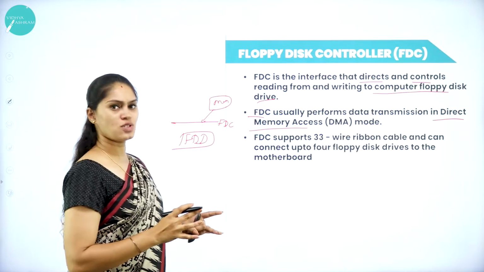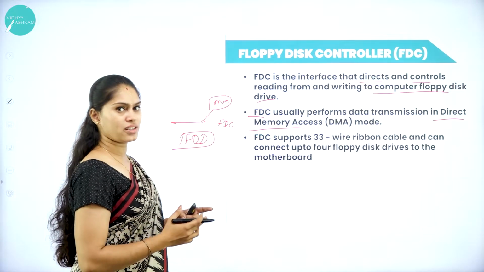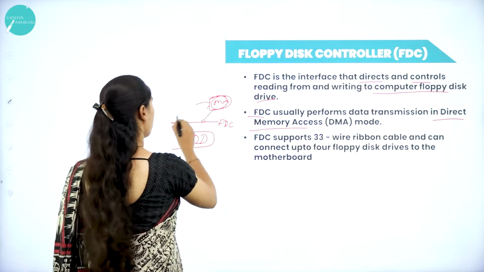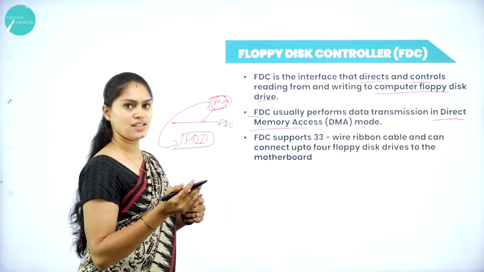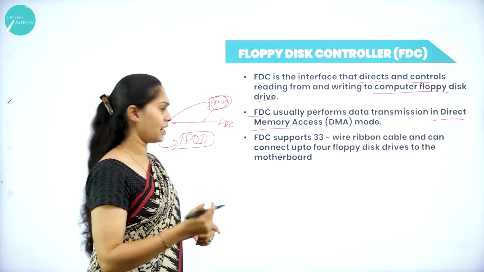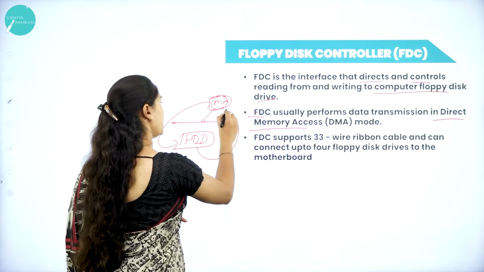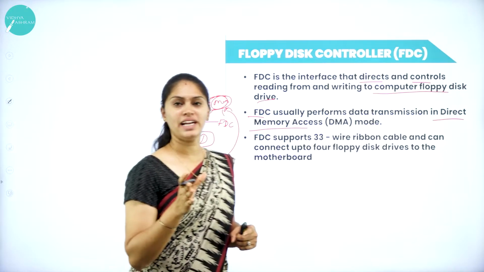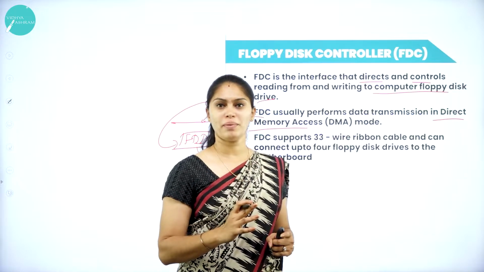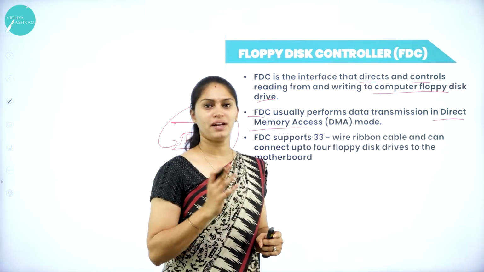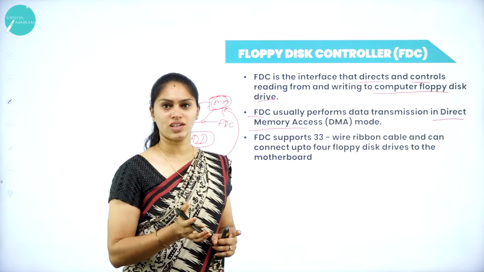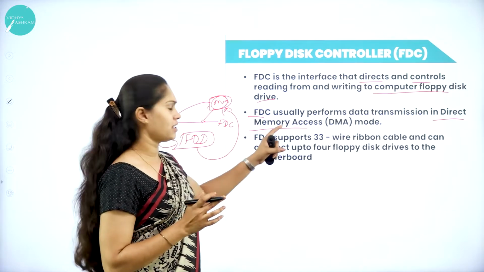Reading in the sense what? I am going to fetch the content which resides in the memory to this floppy disk drive. Write in the sense I am going to transfer the content from the floppy disk drive to the memory. There will be no intervention of the CPU in between. That's why the floppy disk controller has a DMA mode of data transfer, that is direct memory access.